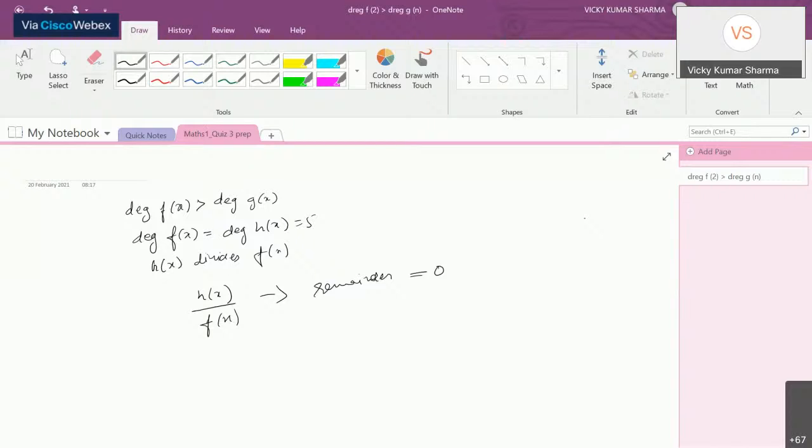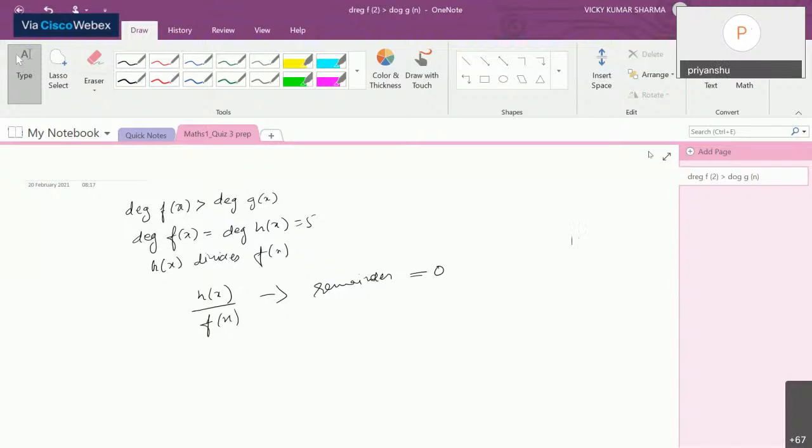Now, do you want me to take up all the questions of 5? So the B part: f of x plus g of x is divided by h of x, right? What will be the maximum possible degree of the remainder when f of x plus g of x is divided by h of x?